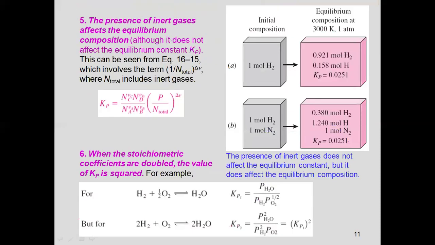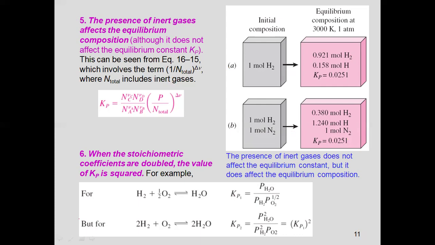The fifth one. The presence of inert gases affects the equilibrium composition, although it does not affect the equilibrium constant. Again, in the first point itself, we have mentioned that if we have some inert gas present in the equilibrium composition or in the reactants, that will not undergo any reaction.